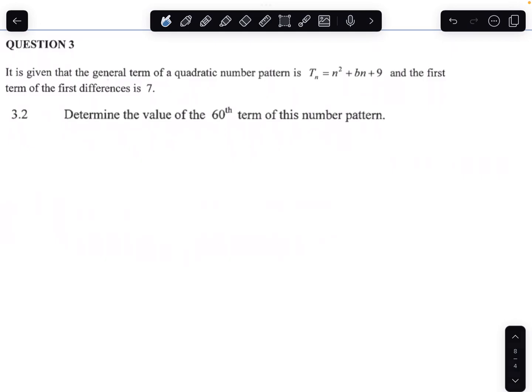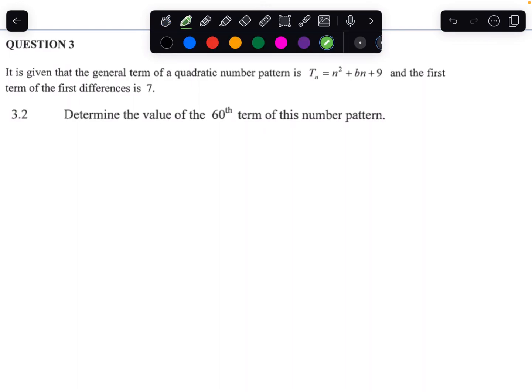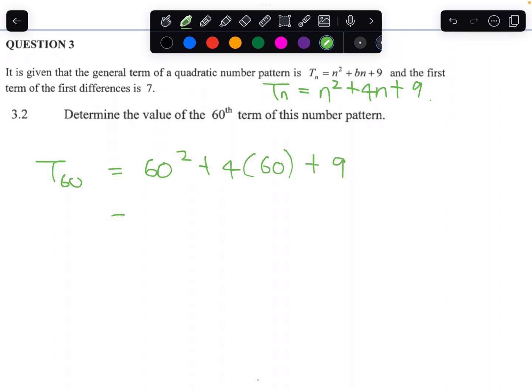So the next part of the question says, determine the value of the 60th term of this number pattern. First of all, we now know that Tn is n squared plus 4n plus 9. So the 60th term will be 60 squared plus 4 times 60 plus 9.